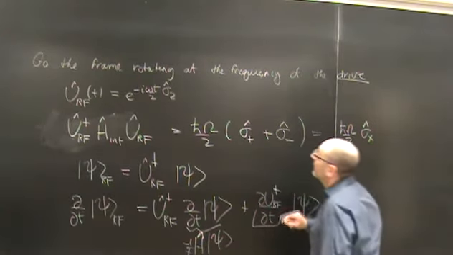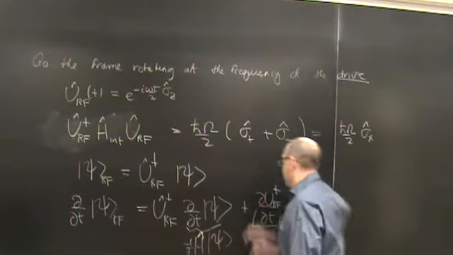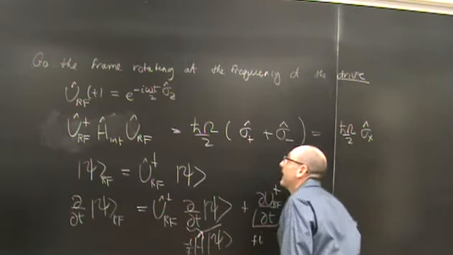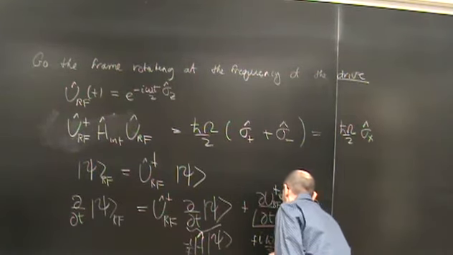And this, according to the definition of what we have over there, is equal to plus i omega naught, omega sigma z over 2.